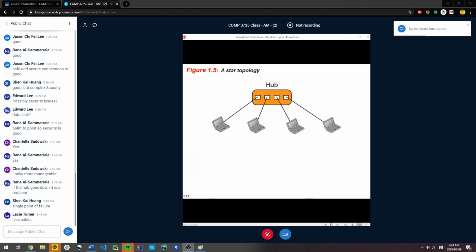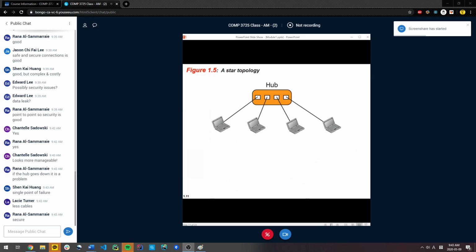What else can you say about this? About fault tolerance, about security? What would be the biggest issues? It's too secure, right? Although there is a central hub that's listening, so it's not as secure if you argue. But obviously there's a lot less cables, like Lacey said.